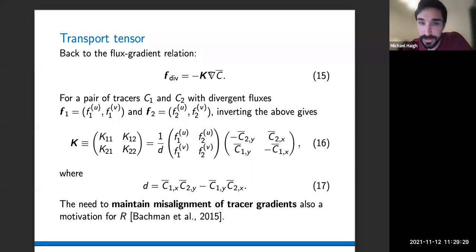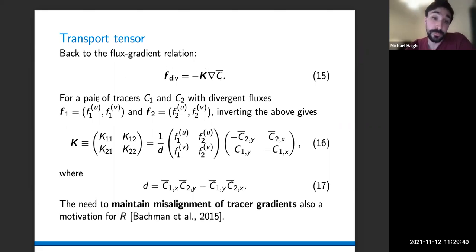You might have noticed that this flux gradient relation is a system of two equations, but the transport tensor has four unknowns. This means that this system is actually underdetermined. So we cannot readily get the transport tensor solution.